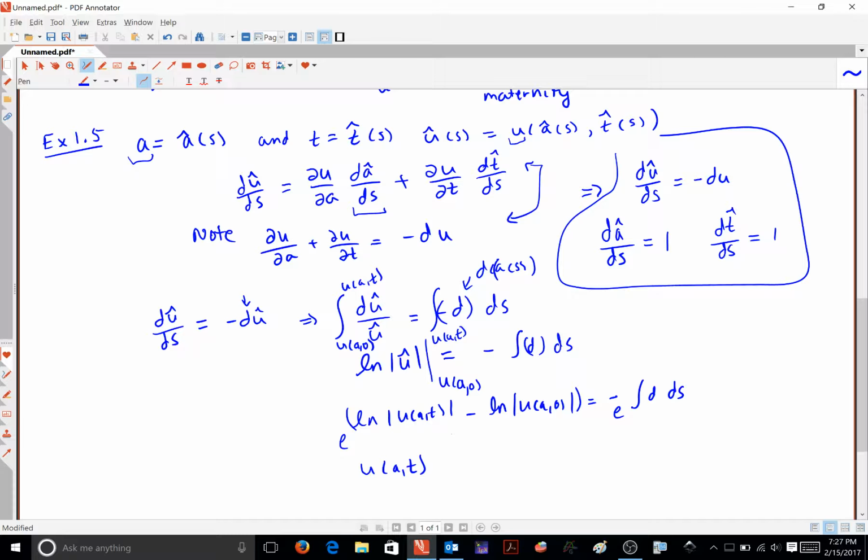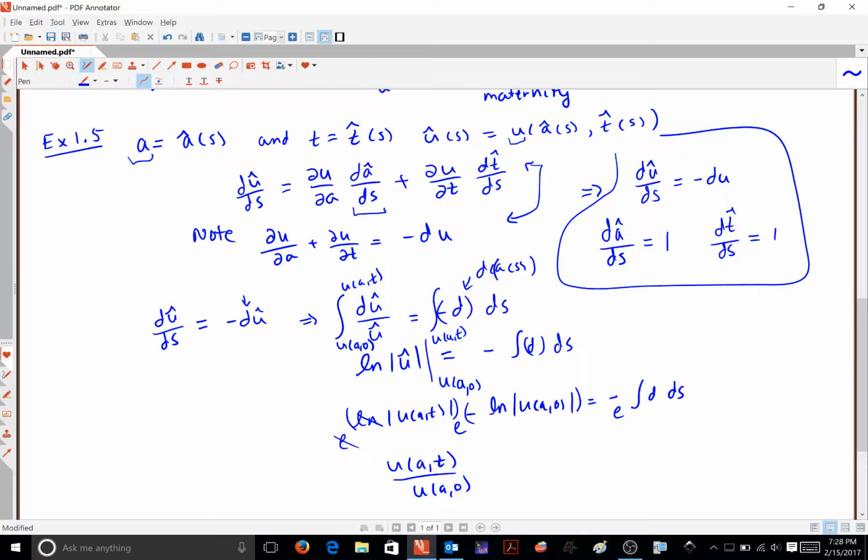No, it has to be multiplied. It's not added. You'll have e to that and then e to that. If you see what's happening, this e and this natural log are going to cancel. You get u of at over u of a0.